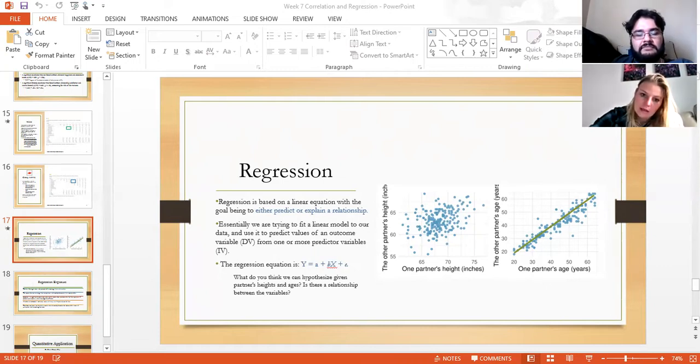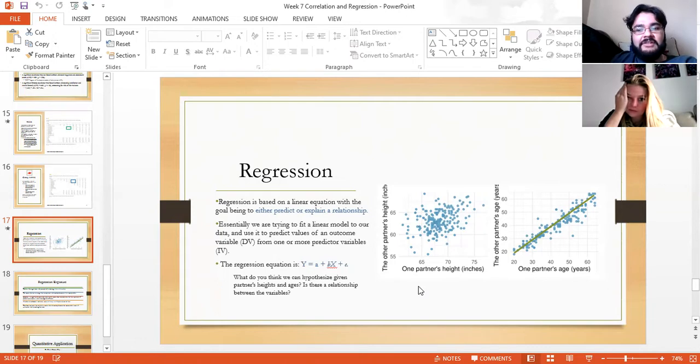And then on the one with age, sorry, and then height, what can you predict from that? It says values of an outcome variable, so height from one or more particular heights. No, I think you got it. I think you're understanding the question better than I am, honestly.